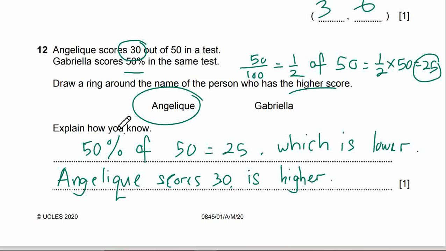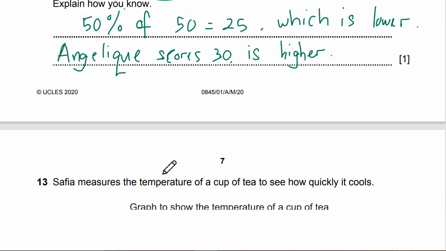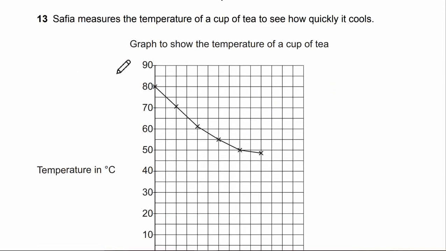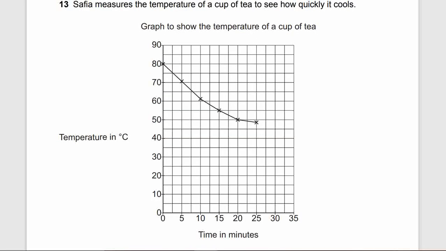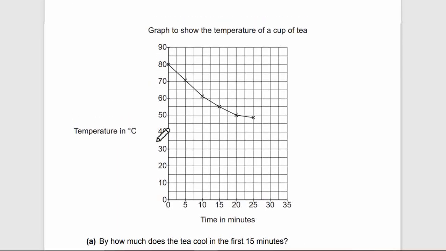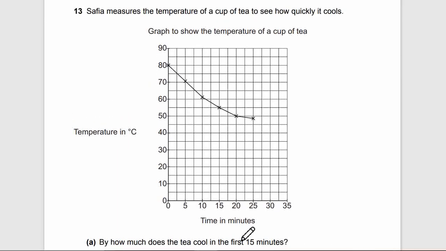Right, then let's go to number 13. Xavier measures the temperature of a cup of tea to see how quickly it cools. The graph shows the temperature of a cup of tea versus time in minutes. By how much does the tea cool in the first 15 minutes?